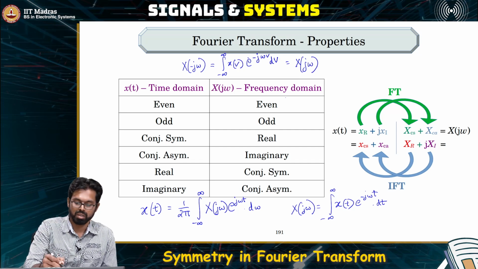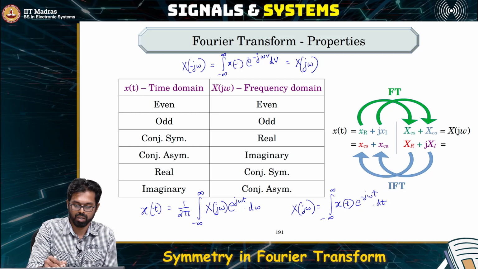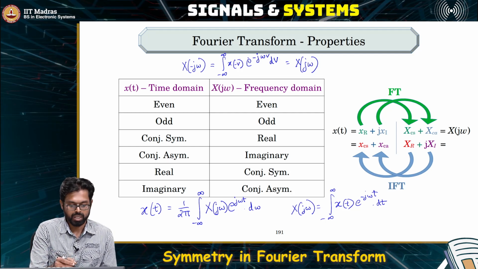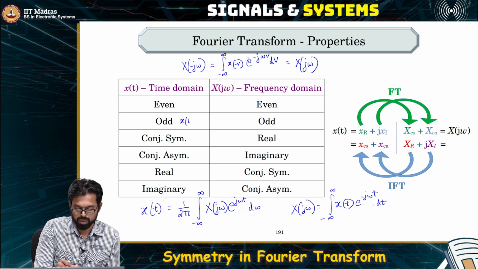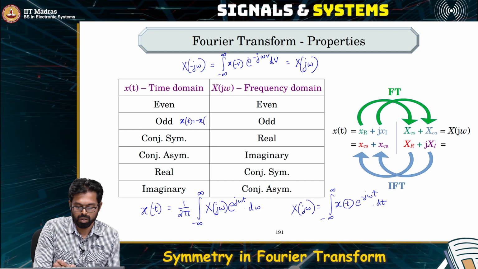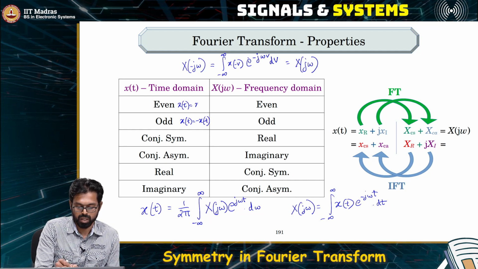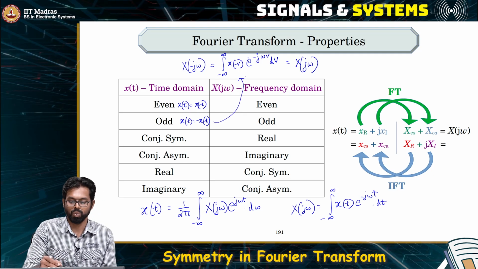But the same thing, if we do the same operation, if we assume that x is an odd signal, then we have the relationship that x of t is minus x of minus t, and here x of t is x of minus t. So if we substitute this here, what do we get?